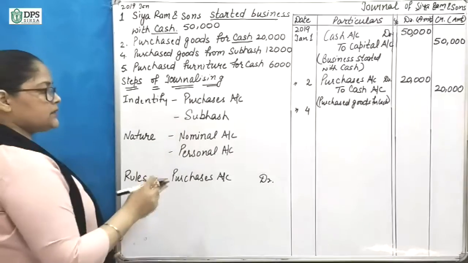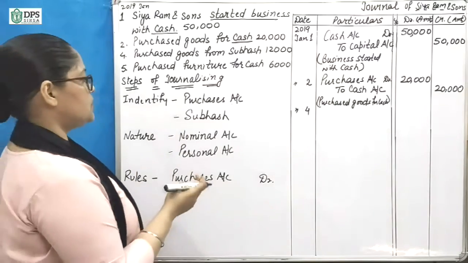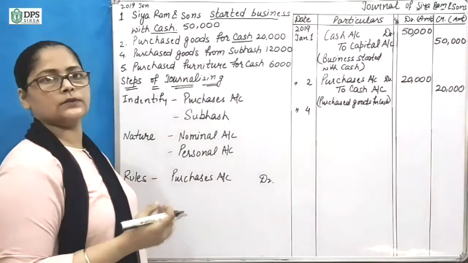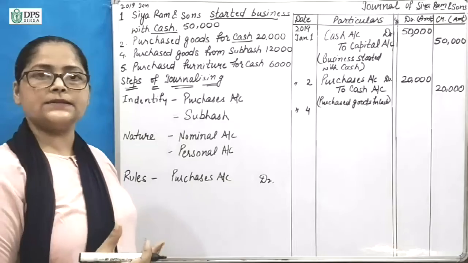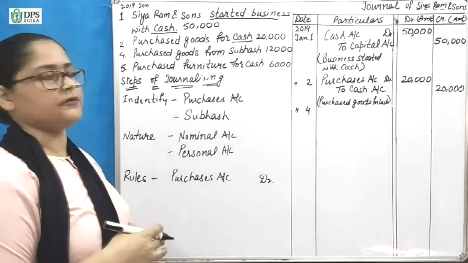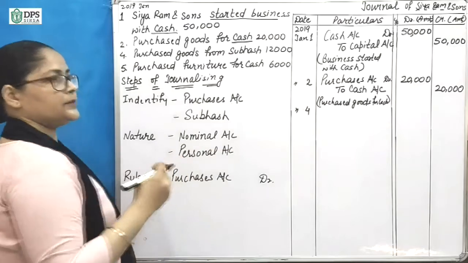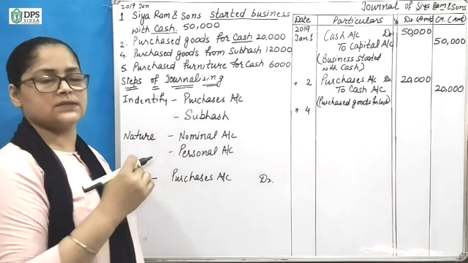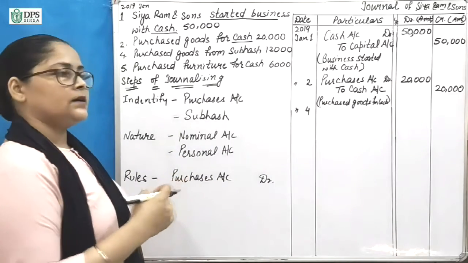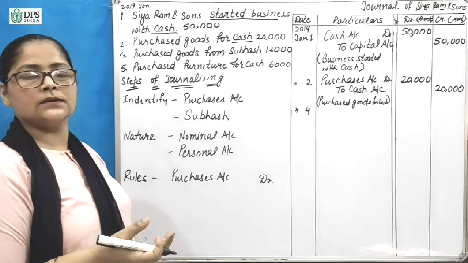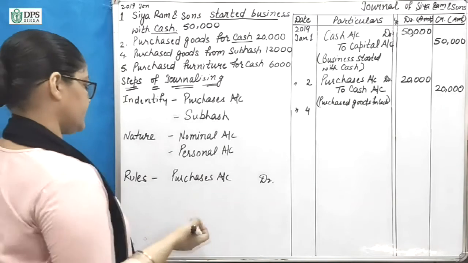And Subhash is a personal account, so the rule of the personal account is debit the receiver and credit the giver. So if you purchased goods from Subhash, he will be the credit giver because he is giving to you.